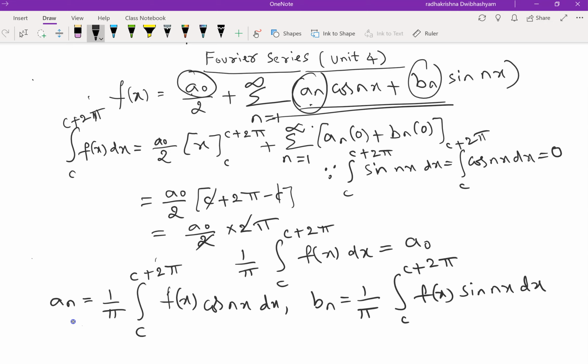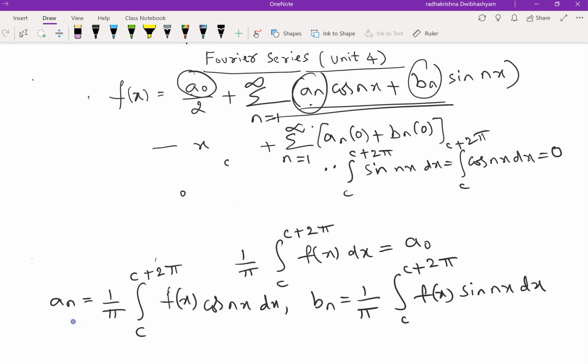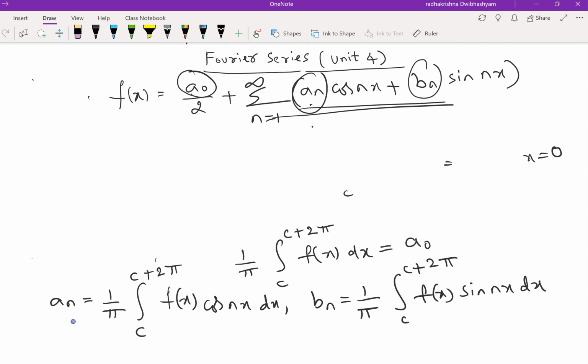Okay, so without these derivations, directly you can write the Fourier series as f(x) equal to a naught by 2 plus summation n equal to 1 to infinity an cos nx plus bn sin nx. This is the Fourier series. Now, a naught equal to 1 by pi integral c to c plus 2 pi f(x) dx, an equal to this, bn equal to this.